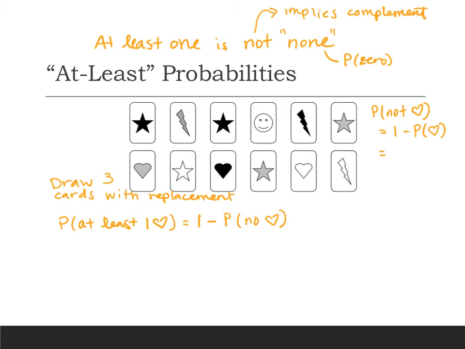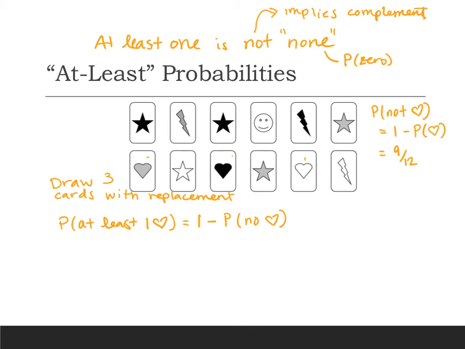Or I can just count. I have 1, 2, 3 hearts out of 12 cards. So that means I have 9 cards that are not hearts. So 9 out of 12.